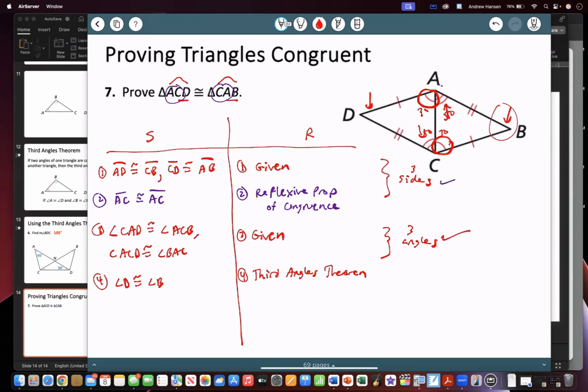Okay, so since I have all six pieces now, three sides, three angles, we can conclude by saying what we're trying to prove. I'll just copy down what we're trying to prove. So triangle ACD is congruent to triangle CAB.